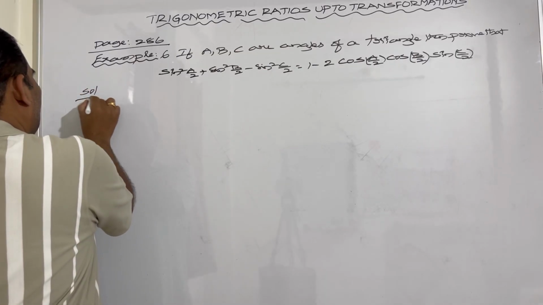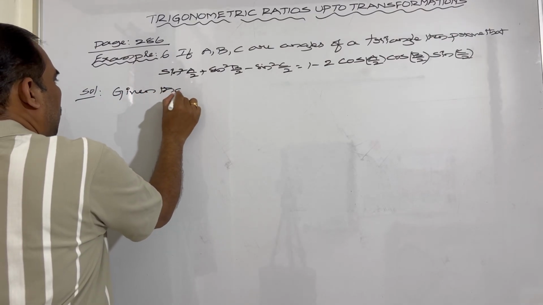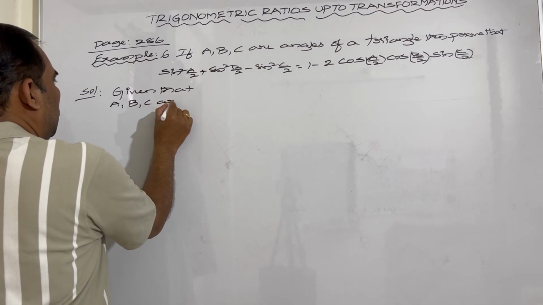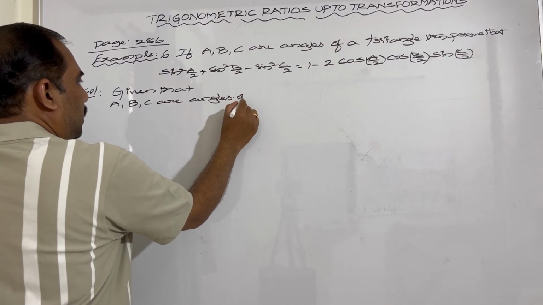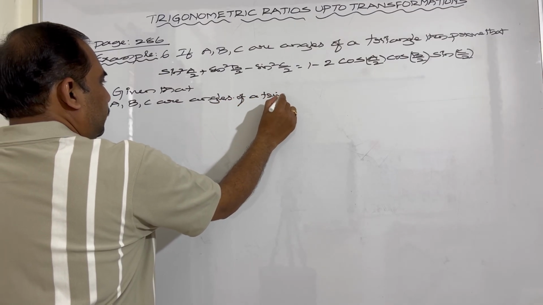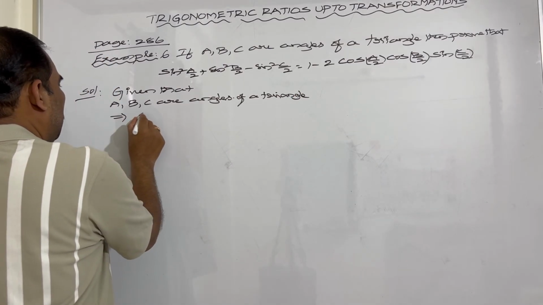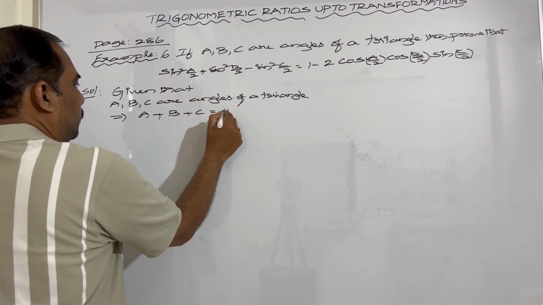So in the solution, given that A, B, C are angles of a triangle. When A, B, C are angles of a triangle, we know that the sum of the angles is equal to 180 degrees. So A plus B plus C is equal to pi.